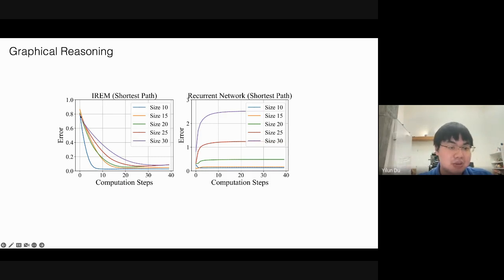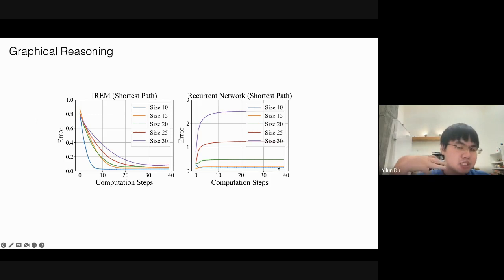With a size 10 graph, which is the size you trained on, it takes maybe 10 steps of computation to get the right solution. But with a size 30 graph, after running 40 steps of computation, you can directly recover the final answer. In contrast, if you use something like a recurrent network, you'll see that with size 10 graphs, if you run more steps of computation, the solution gradually gets better.